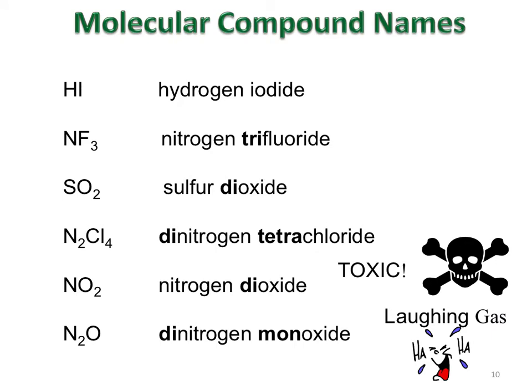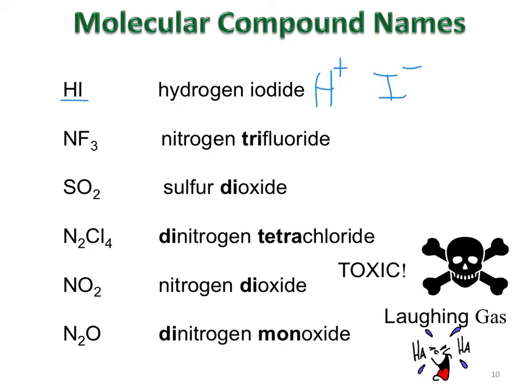So here are some examples. HI is hydrogen iodide. There's no monos in hydrogen iodide because there's only one way to put hydrogen and iodine together.